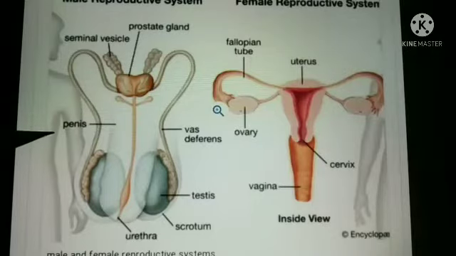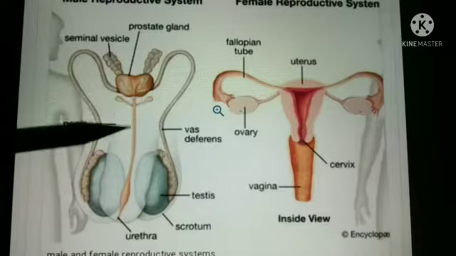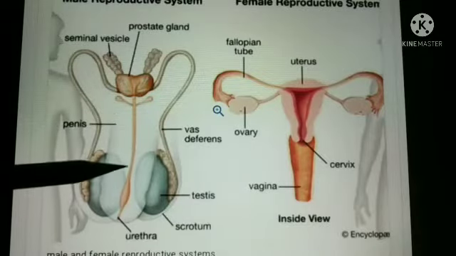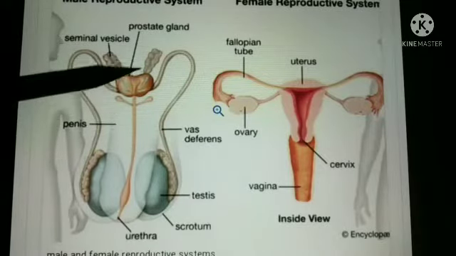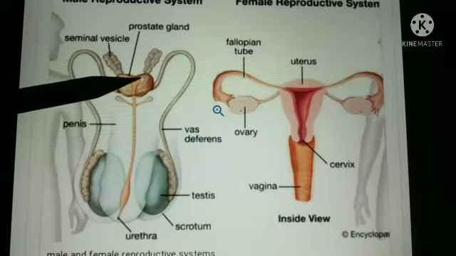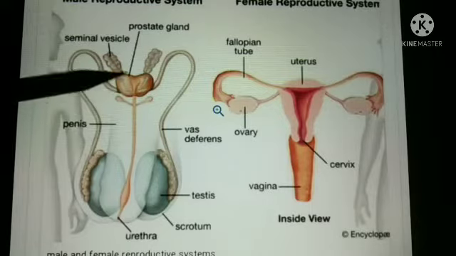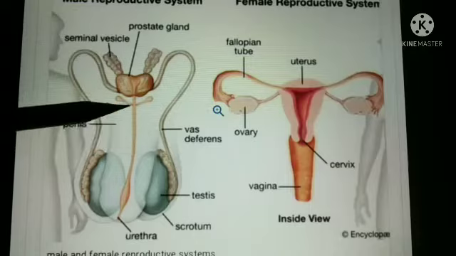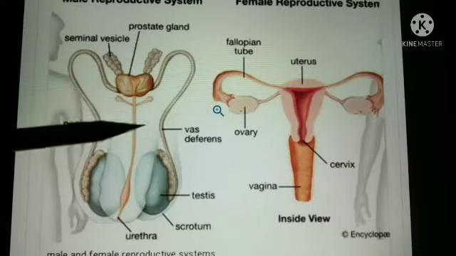Next is penis. What is penis? It is the male reproductive organ through which urine and semen pass out. What is prostate gland? The prostate gland is a gland that produces some of the fluid part of semen.